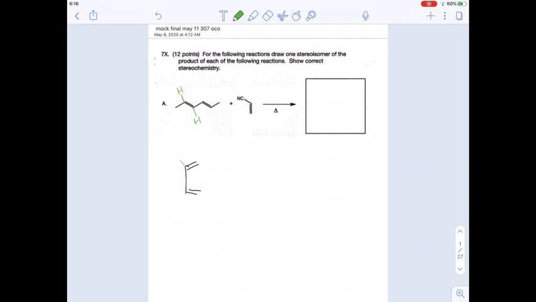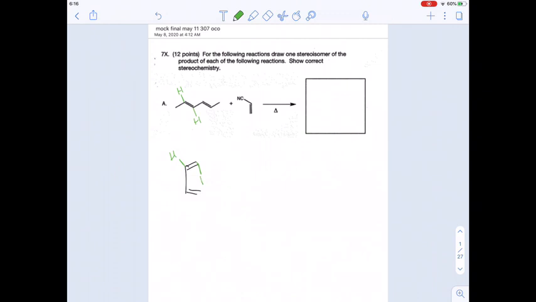All right? So now keeping that in mind, we can go ahead and figure out where this methyl is going to go on our diene. So if our first H is going to be here, going away, because the only place we have is down or up, and in this case, they already put the carbon down, or the rest of the molecule down, so the only place for the H to go is up.